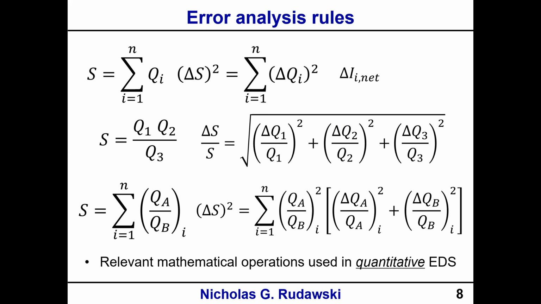Delta S squared is equal to the quotient squared for component i, multiplied by the relative error of component A squared plus the relative error of component B squared, and then multiplied by the quotient squared, and you're summing all of those over your n terms in the sum.